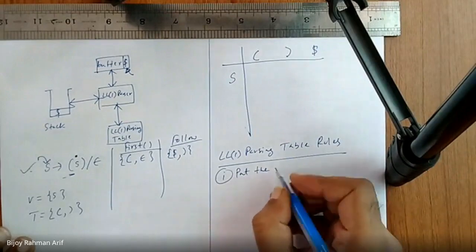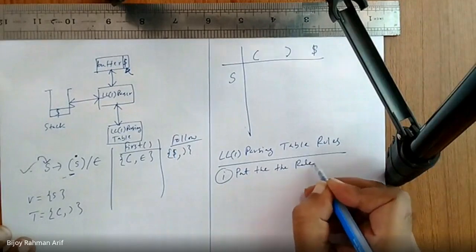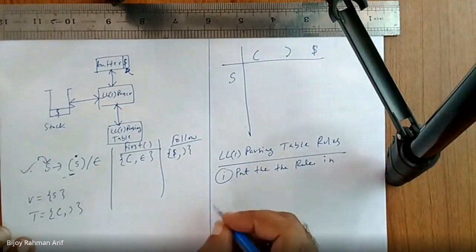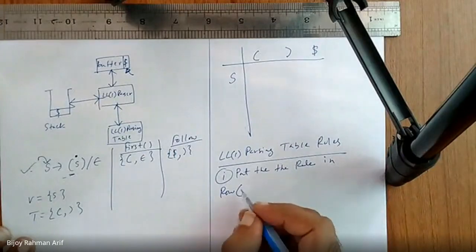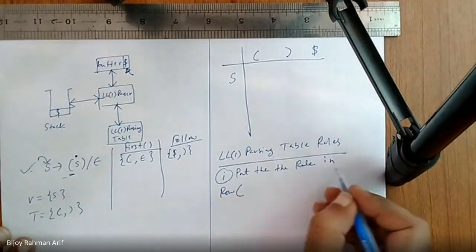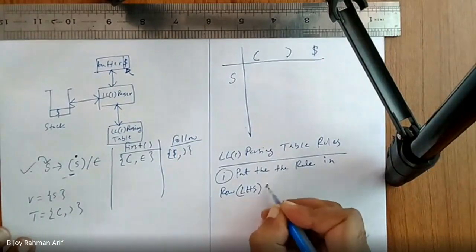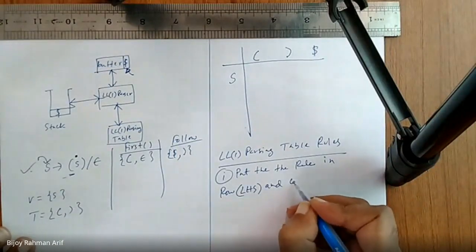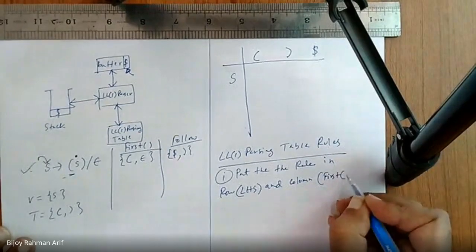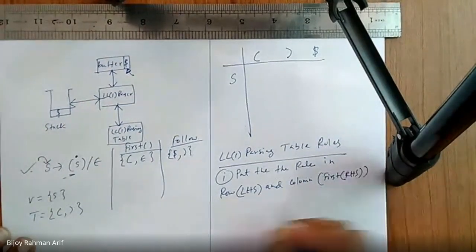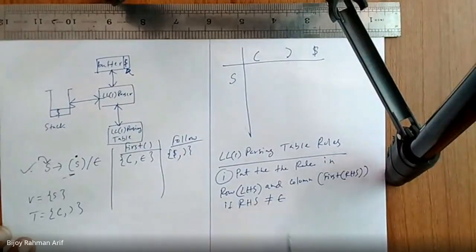Rule 1: Put the rule in the row of LHS and the column of first of RHS, if RHS is not equal to epsilon.